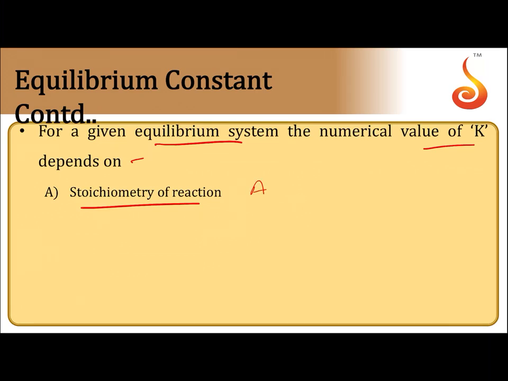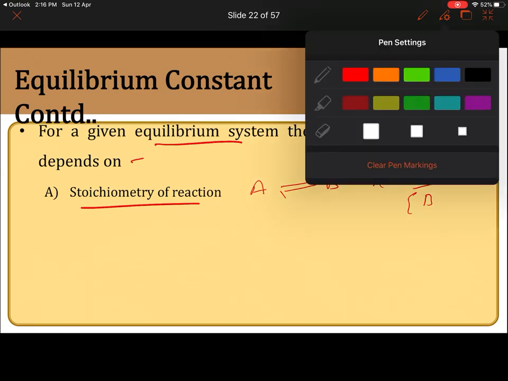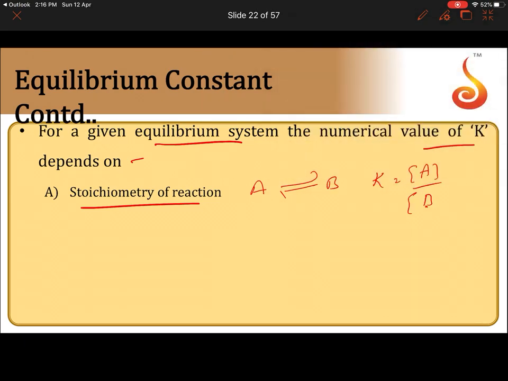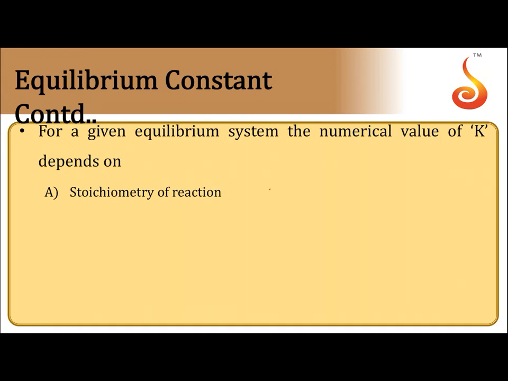Stoichiometry of a reaction means, for example, when you take a reaction like A giving rise to B, the equilibrium constant is given by the concentration of B by the concentration of A.